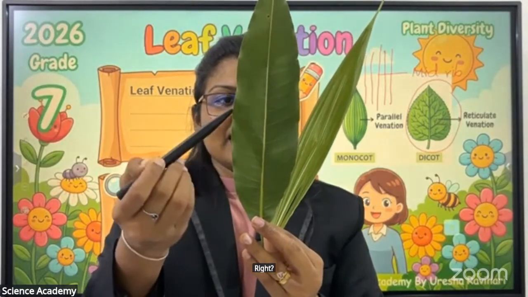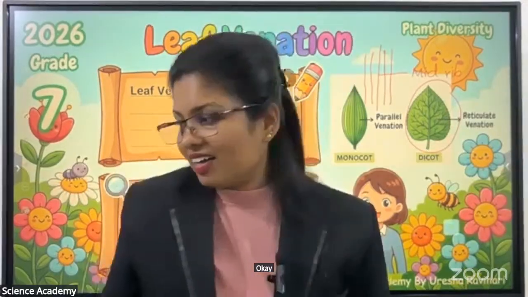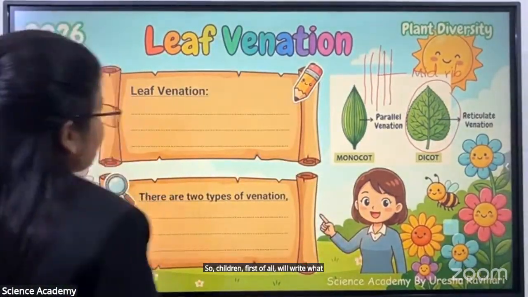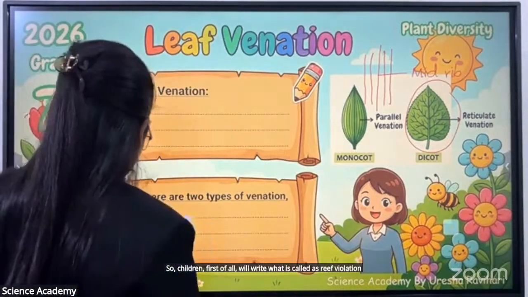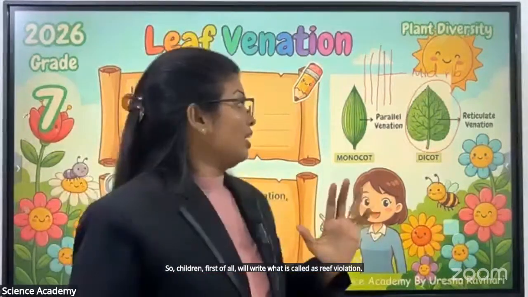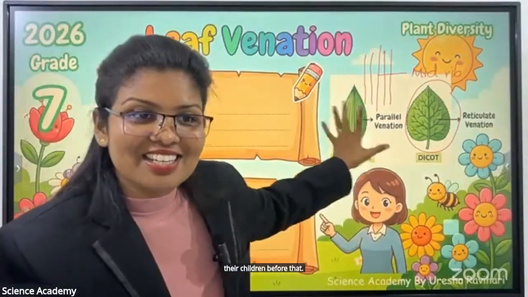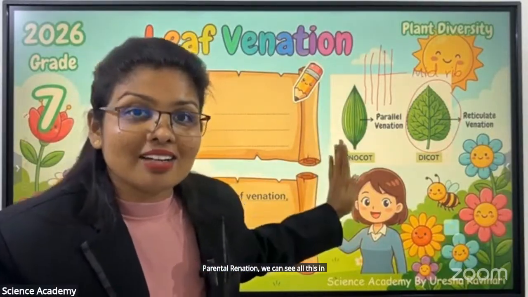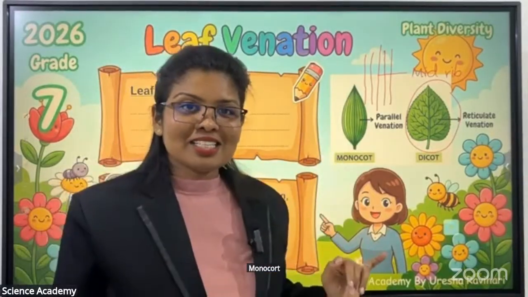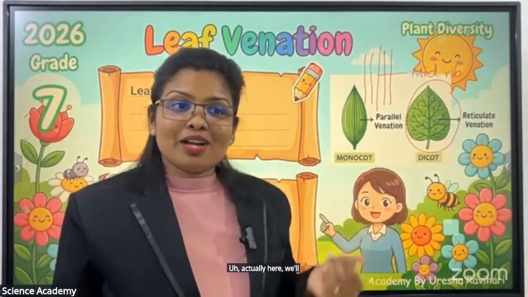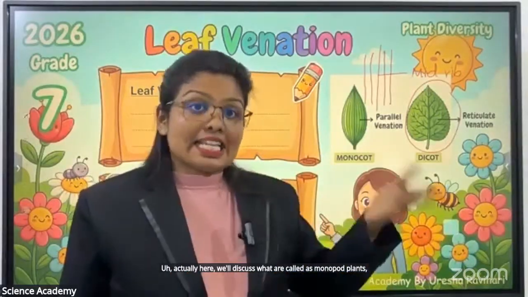So children, first of all, we'll write what leaf venation is. Before that, parallel venation we can always see in monocot plants. We'll discuss what monocot plants are next week.